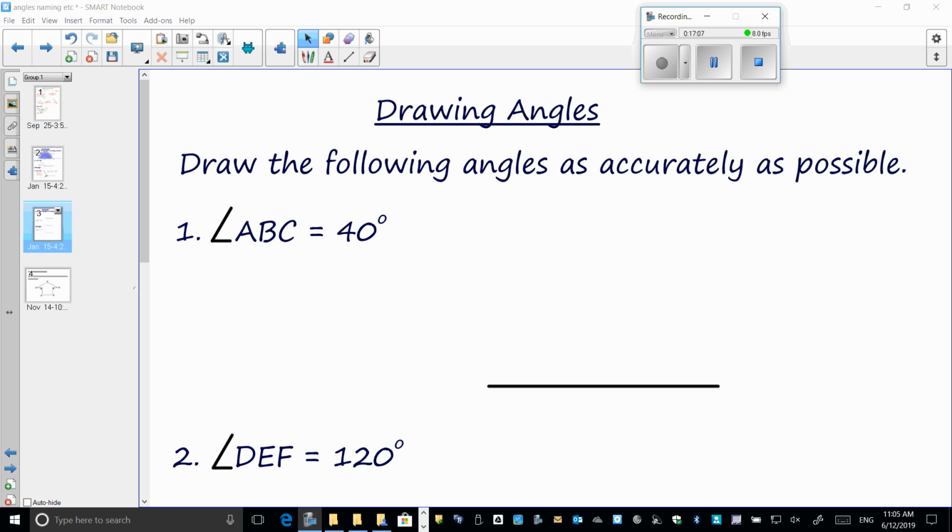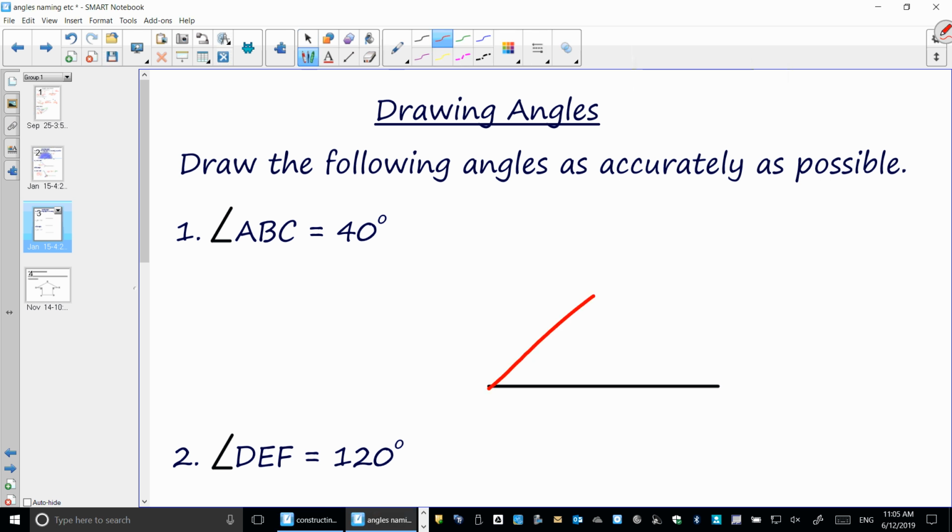So, now I want to make sure you can draw an angle, okay? Now, drawing an angle, generally you're going to start off with a line portion, or if you're given one, or you draw one. So I've drawn this line portion for you. Now, you can draw your angle looking like this, or you can draw your angle looking like this.